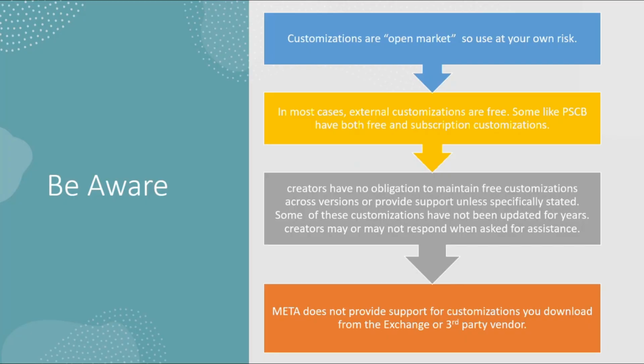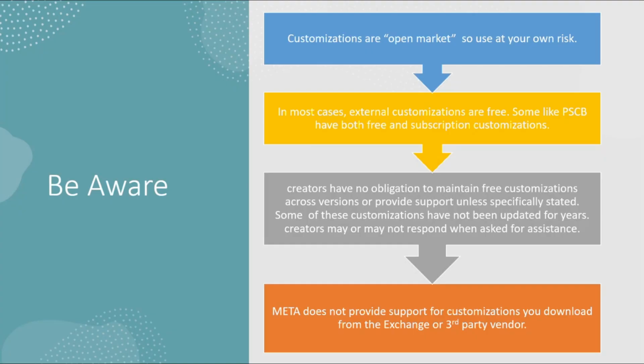The people who create those customizations have no obligation to keep up with them. They can create it, put it out, leave it. A great example is the Enhanced Parent Portal. It hasn't been updated since, I think, 2015. They don't have to provide you support unless they specifically say in the details that they will.